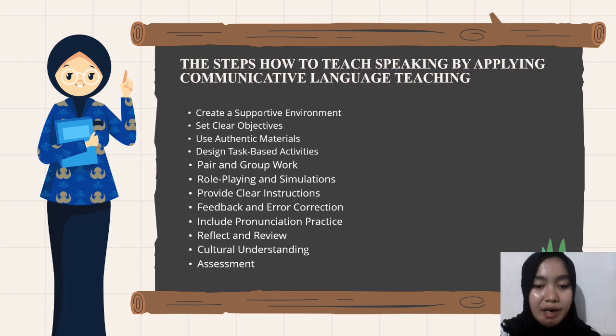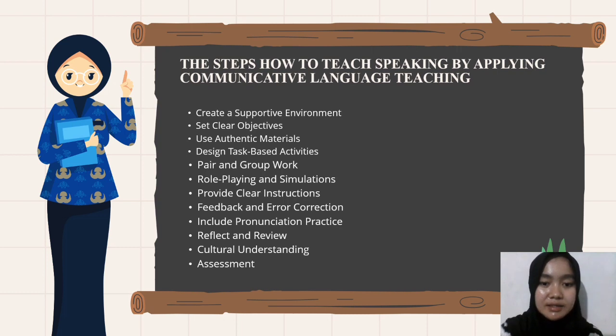Next, number 5, pair and group work. Encourage pair and group work to promote interaction, collaboration for students to discuss, negotiate meaning, and share ideas. This mirrors real-life communication situations.